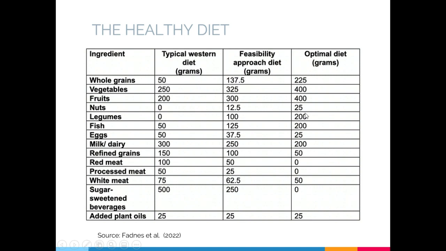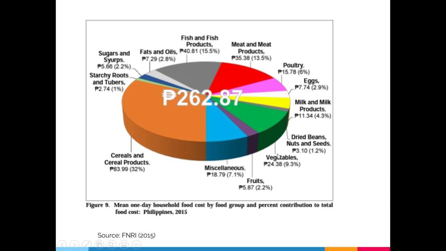Compared to this, dako-dako gyud dapat ang vegetables. 400 pinakadako ang vegetables sa diet, but kani 9% ra. 9% ra siya sa Filipino diet.